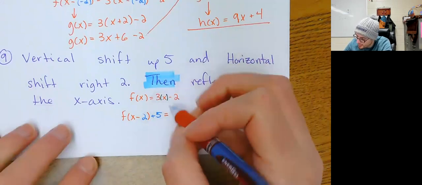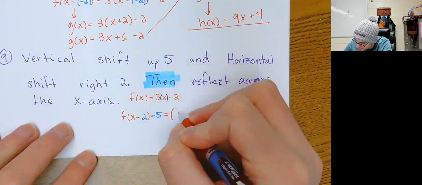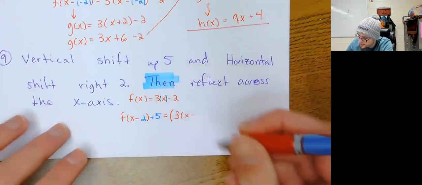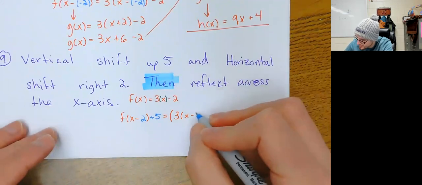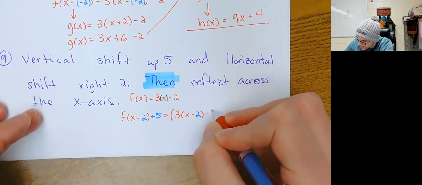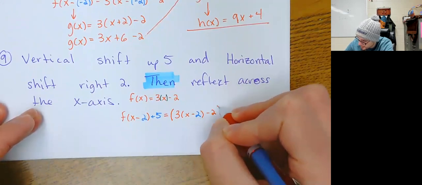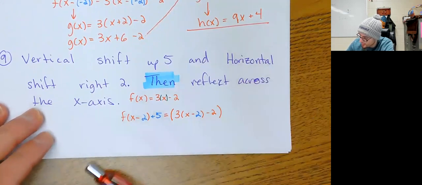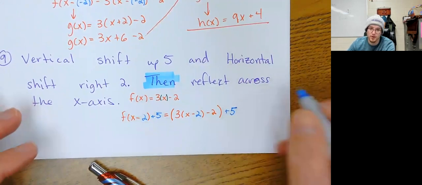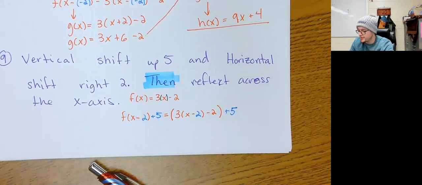But we're also going to need parentheses around the entire function. So 3 times x minus a positive 2, minus 2, and then plus 5 to the entire function.